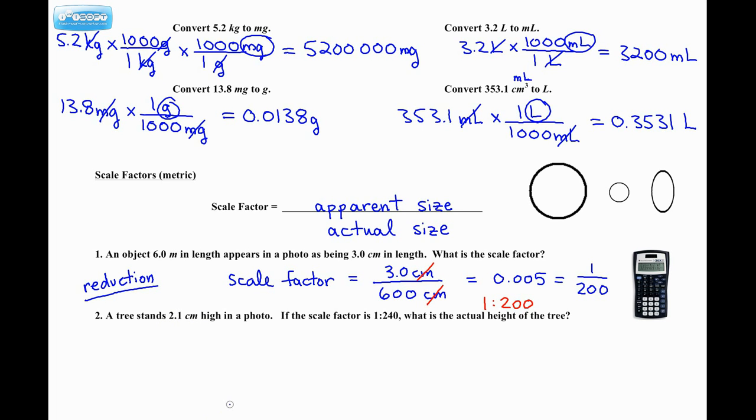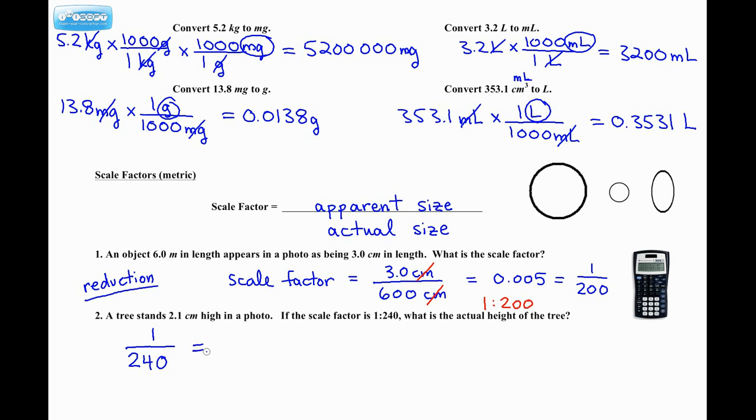So we're actually going to set up two fractions and set them equal to each other. This is called a proportion. All right, so we know that the scale factor is 1 over 240. That's the ratio. Okay?